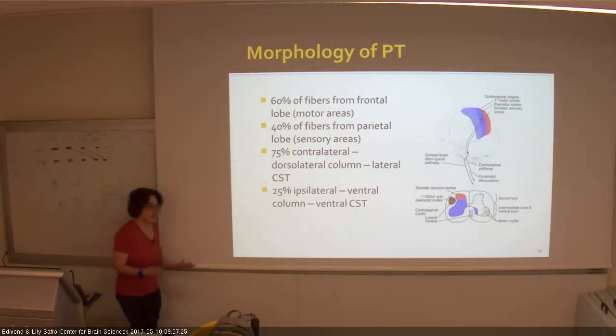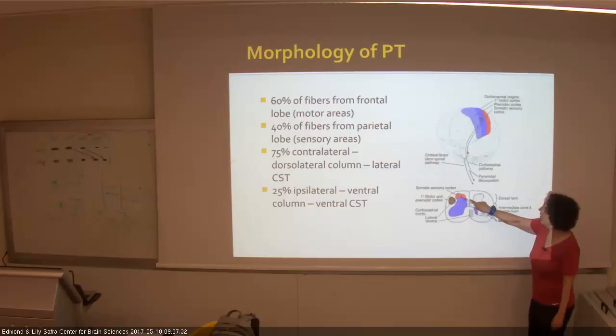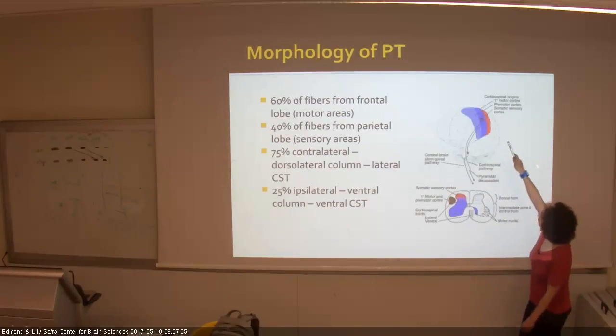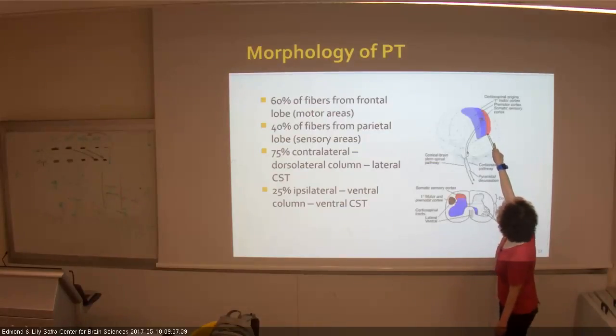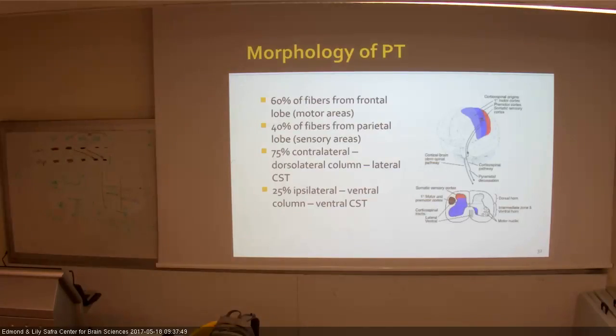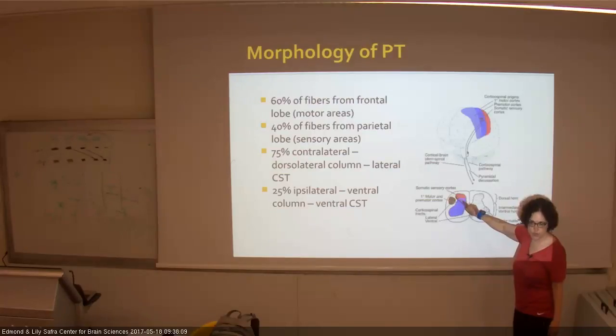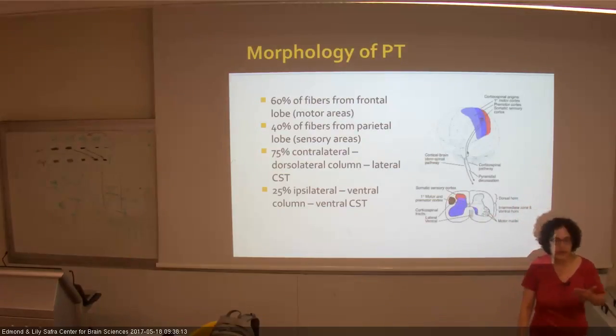If we look at the composition of the structure, at the spinal cord, ventral and dorsal, motor and sensory parts, and at the motor cortex, premotor area, and sensory area: although we tend to think about the corticospinal tract as a motor pathway, only 60% of the fibers come from the frontal lobe motor areas. 40% originate in sensory areas, and these sensory areas transmit information to the dorsal horn, where they are responsible for gating sensory information.